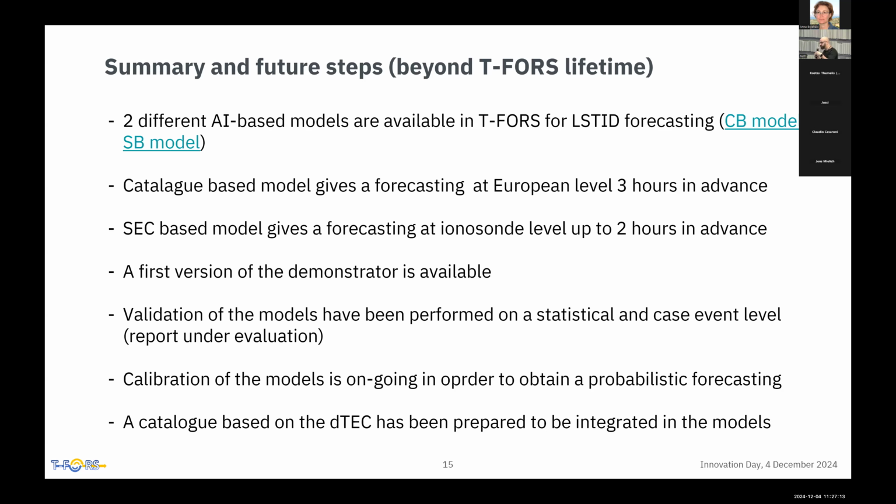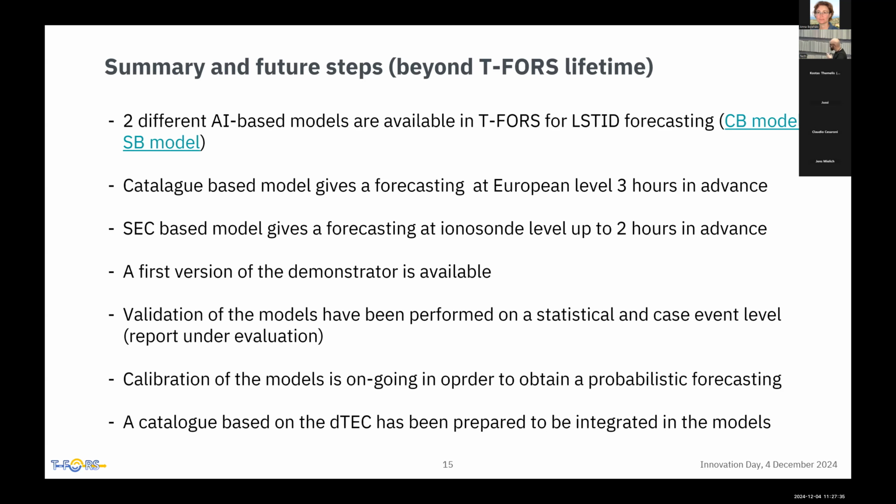So the two models work quite well together, and the time horizon is slightly different. We developed the first version of the demonstrator for both models, and we performed quite extensive validation, both statistical-based and case-event-based, as I said.